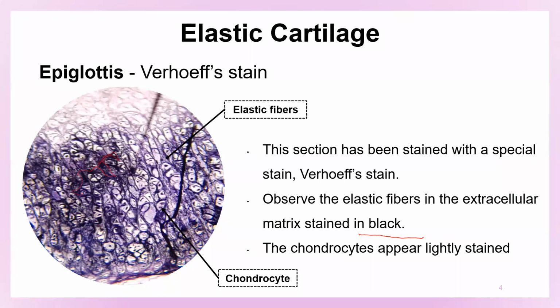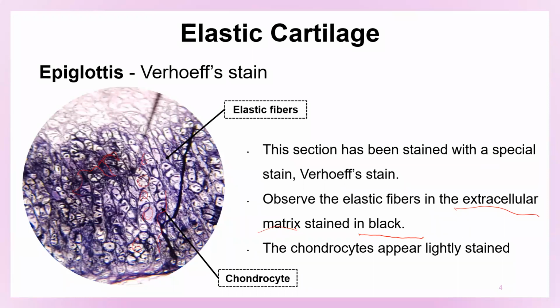And you can see quite a large amount of cells, a moderate amount of cells, and around that, the matrix, and in the matrix you see lots of elastic fibers. So the extracellular cartilage matrix will have these elastic fibers.